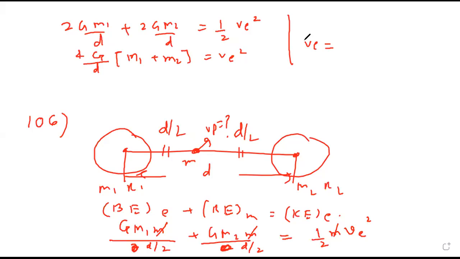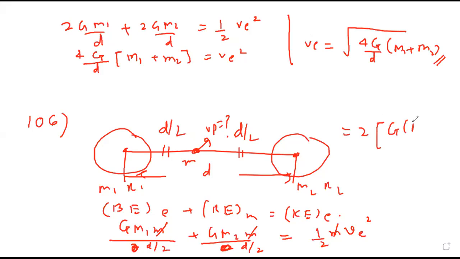So v escape is root of 4G by d times m1 plus m2. Now I'm looking at how the option is given. They have brought the 2 outside. We can take G common, (m1 plus m2 upon d) power half. That is given in option B. So 106 option is B.